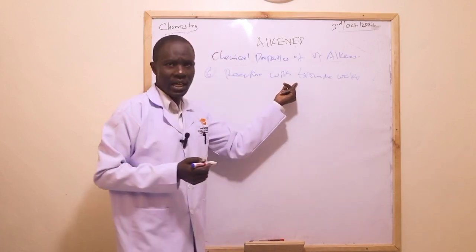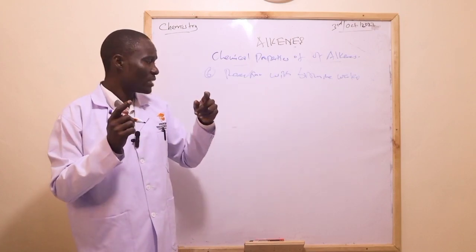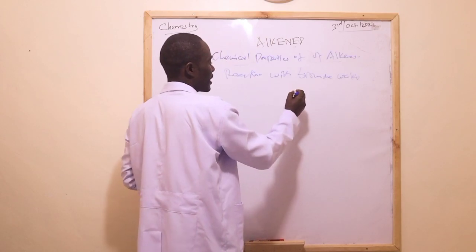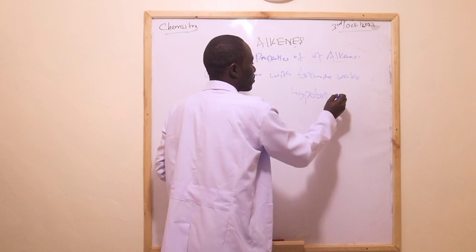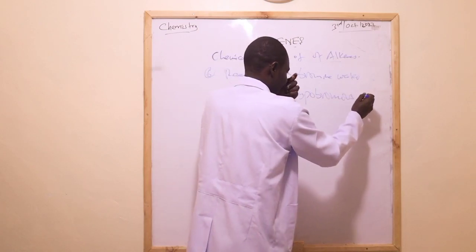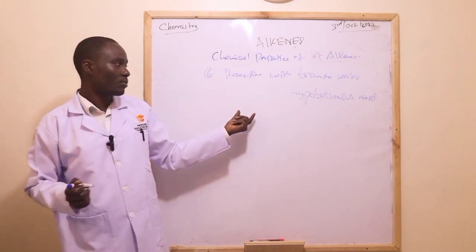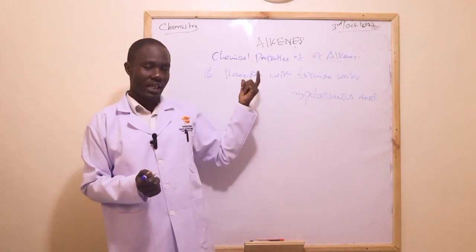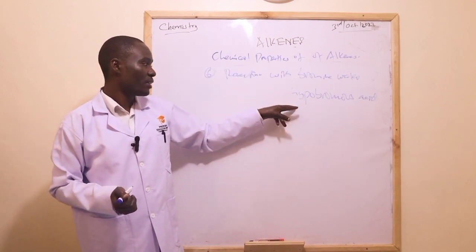That bromine water contains an acidic substance called hypobromous acid. Just like when you bubble chlorine in water, it forms chlorine water, which contains two compounds, hypochlorous acid and hydrochloric acid.